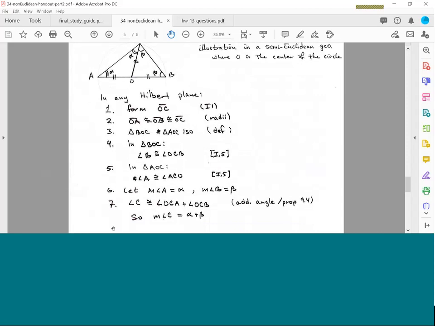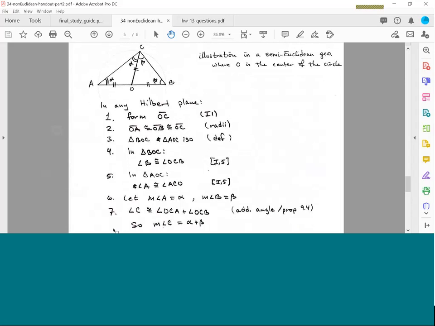Now, that's it in terms of everything that we can do in a general Hilbert plane. After this, we're going to have to get specific. So in the original setup of the question, we were looking at that angle C up there at the top could be right, acute, or obtuse, depending on whether we were in a Euclidean, hyperbolic, or elliptic plane. So I'm going to look at one case because we're close to the end of time here.